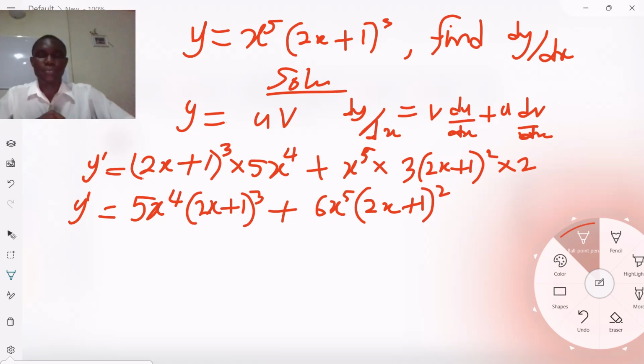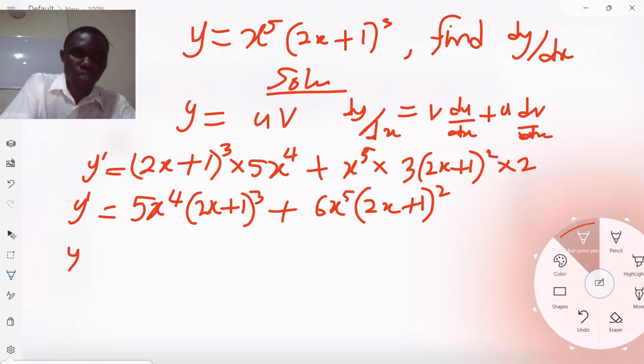Yes. Now I can factorize. What is common? x raised to power 4 is common, and (2x plus 1) raised to power 2 is common. So I'll factor them out.